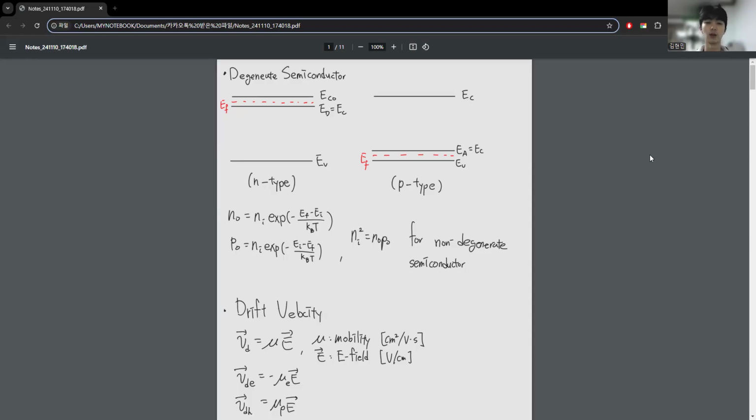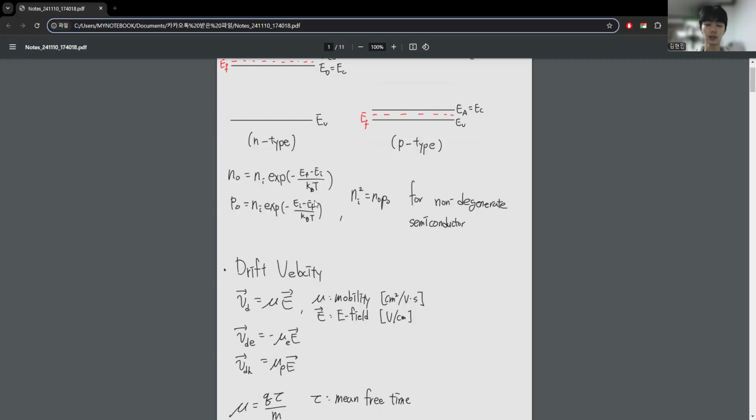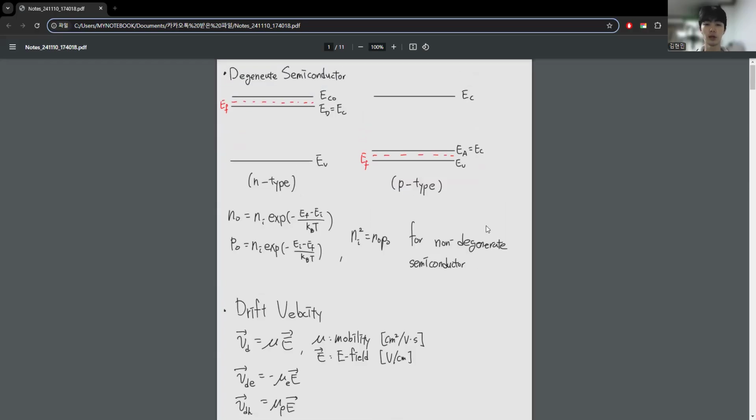This equation is for a non-degenerate semiconductor.